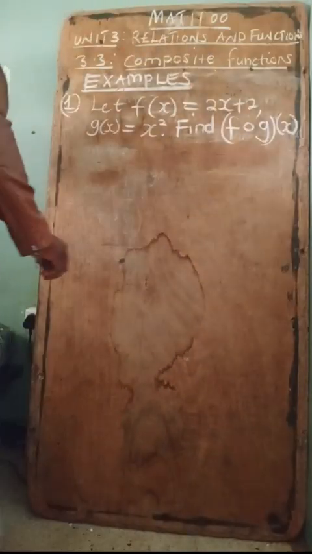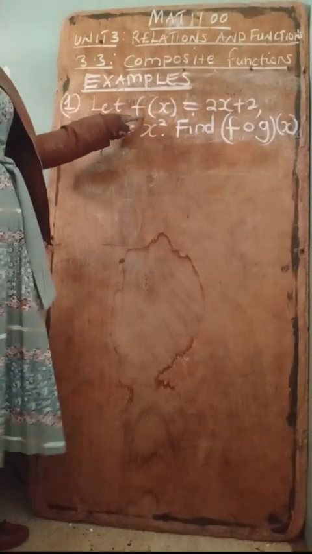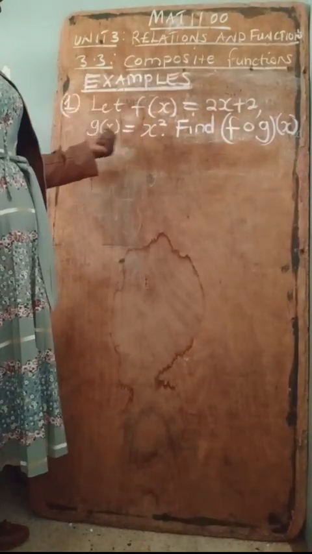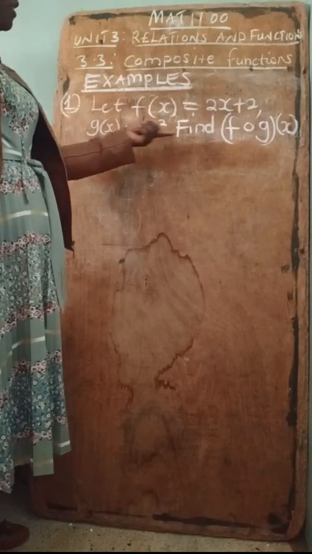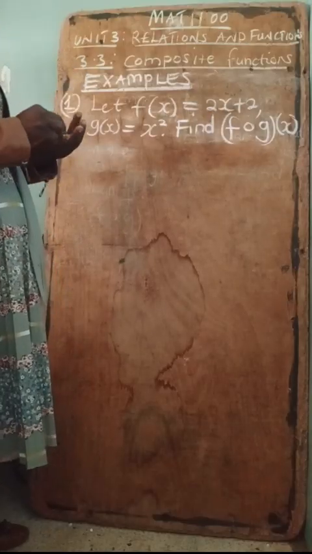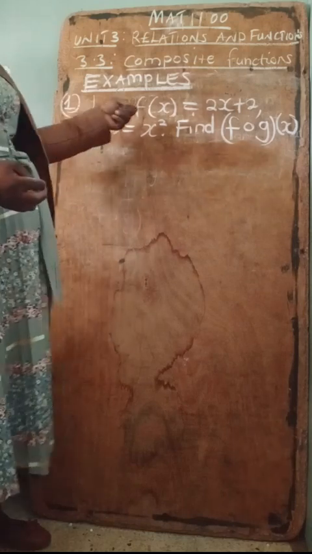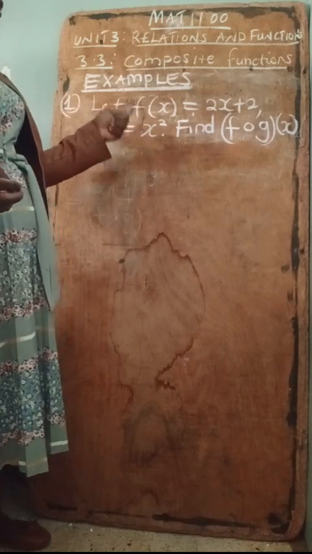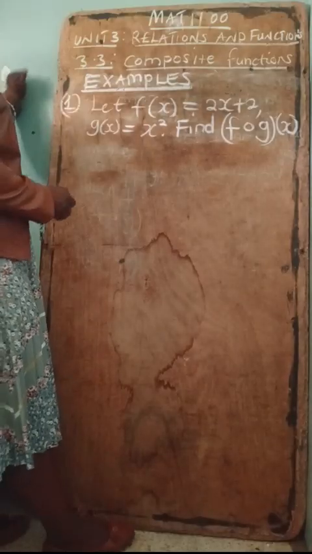So we are given the first function as f, and we are given the function g. Now we are told to find f of g of x. So how can we find this function? We are combining these two functions, f and g, to make one function. So how are we combining them?